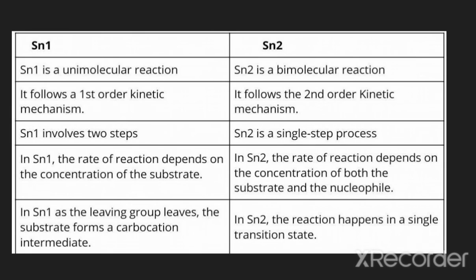The intermediate that forms is unstable, and it is the transition state in which, between the substrate and the leaving group, the bond is breaking, and between the nucleophile and the substrate, the bond is forming. So it is known as a transition state in which both the leaving group and the nucleophile are attached to the substrate.